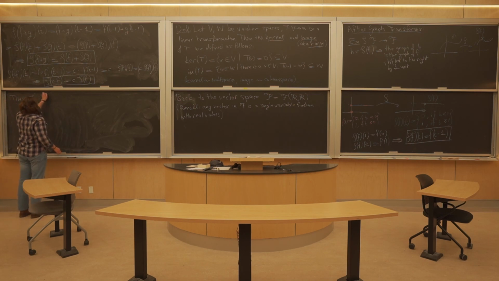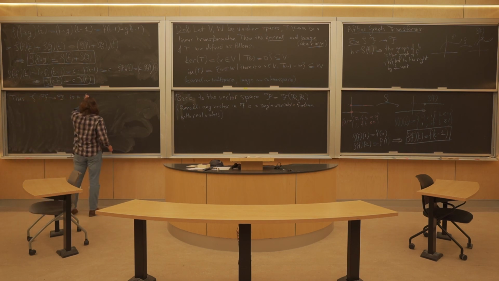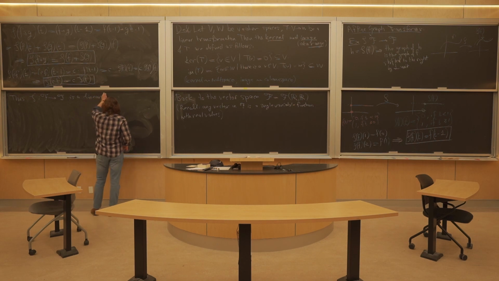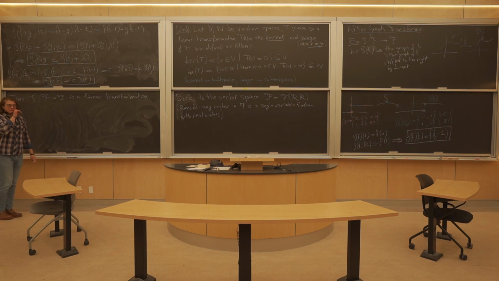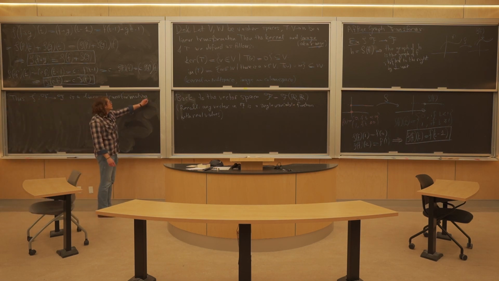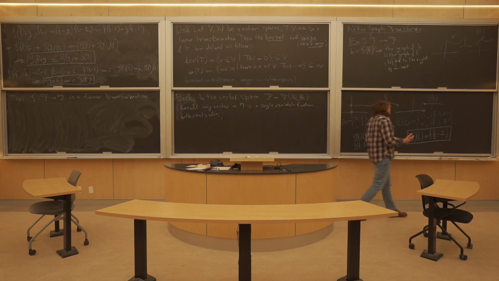Thus S from F to F is a linear transformation. Any questions about this? Okay. Let me also note that there's nothing specific about this one, right? I could shift by 5 units, 15 units, pi units, whatever I want.